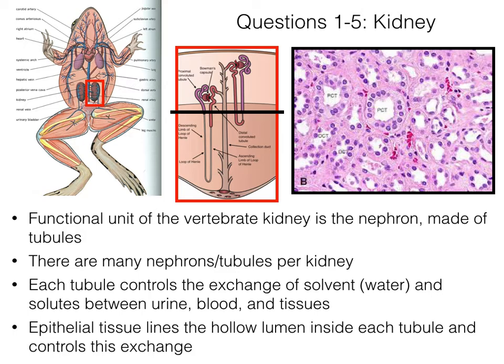The lumen of these tubules all eventually connect up to each other and allow for the urine that's produced in the kidney to drain into your bladder, which you then eventually release. The epithelial tissue that lines the lumen is the one that determines what gets into and out of your urine, basically, from your other bodily fluids and your bloodstream.